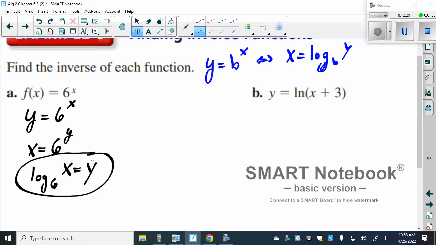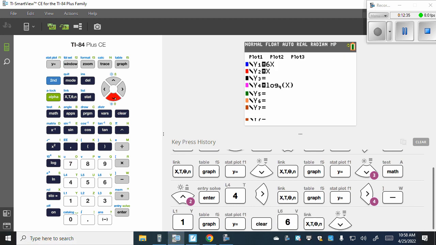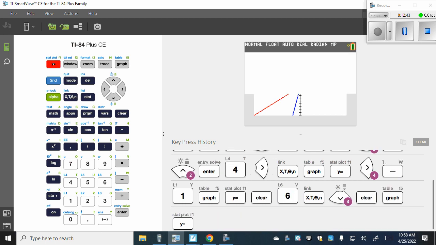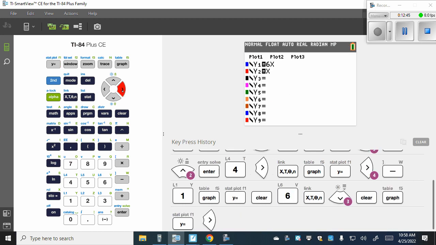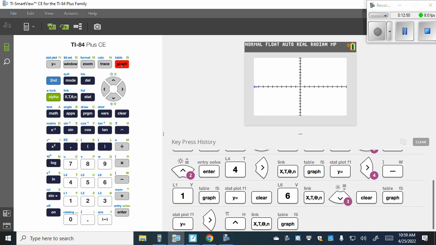Now we can see this, and I can show this graphically. So we can say 6 to the x, a little bit different function. 6 to the x is this one here in blue.